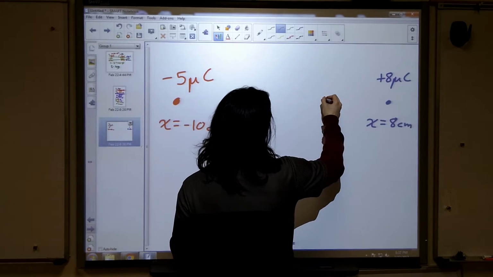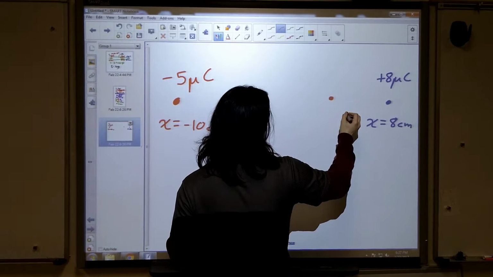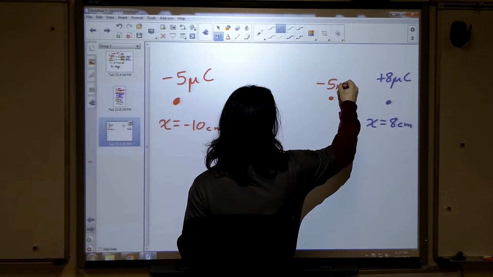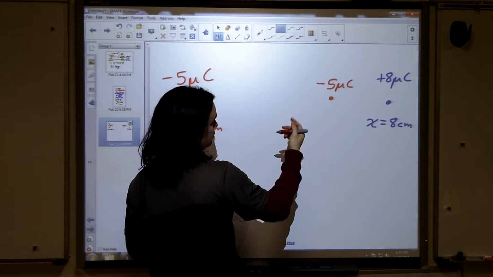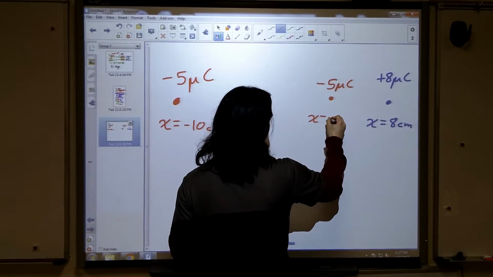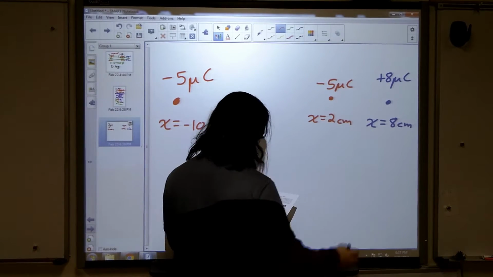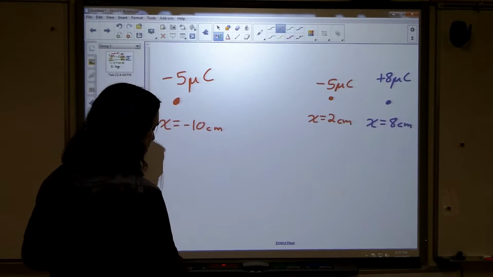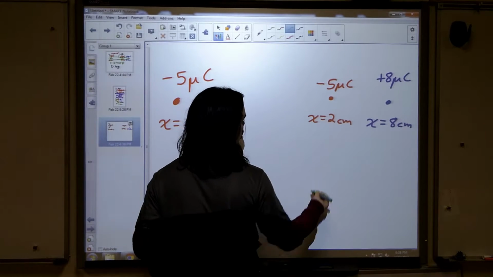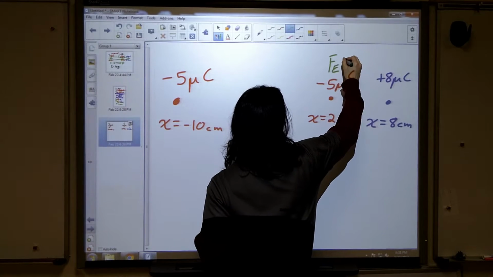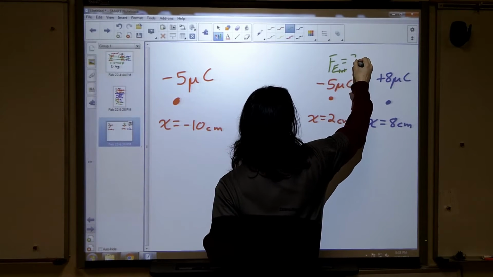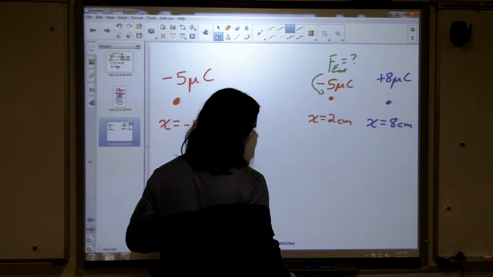And I've got one other particle kind of in between, but not exactly in between, -5 microcoulomb, again, similar charges, at x equals 2 centimeters. And what I'm interested to know is what is the total electric force on this particle.